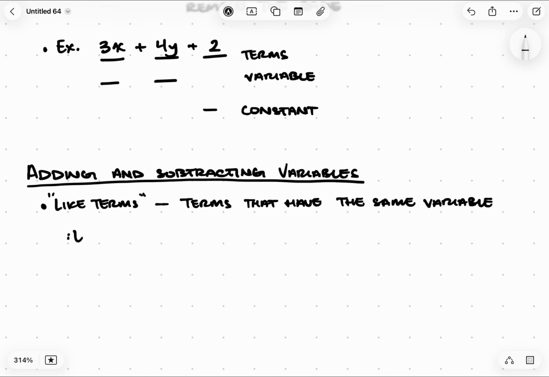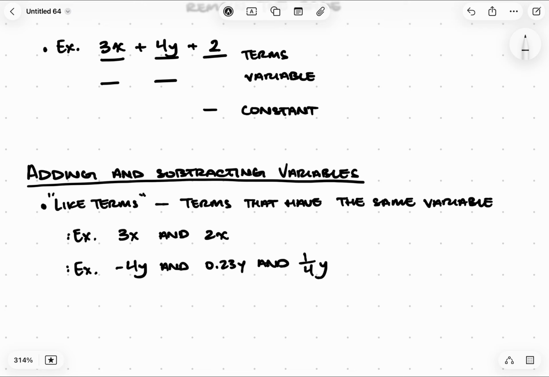So an example here would be, let's say I have 3x and I have 2x. They're both x's, so they both work. Another example, now let's do something a little bit more wild. Negative 4y and 0.23y and 1/4y. You can see how they're all the letter y's. They all have the same variable, so they are considered like terms.